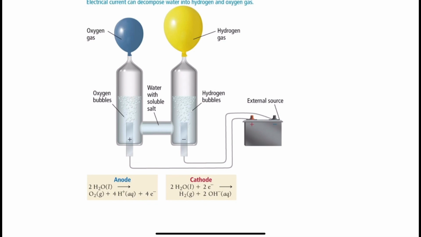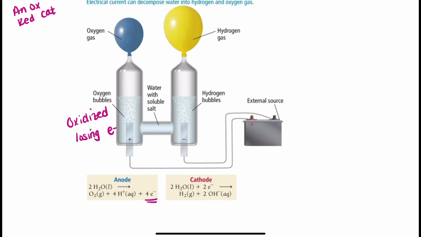What happens at the anode? Remember, you can either do An Ox, Red Cat, or I like to keep my vowels together and my consonants together. It doesn't matter. At the anode, it is being oxidized. Oxidation is loss. We're losing electrons, as we see here.